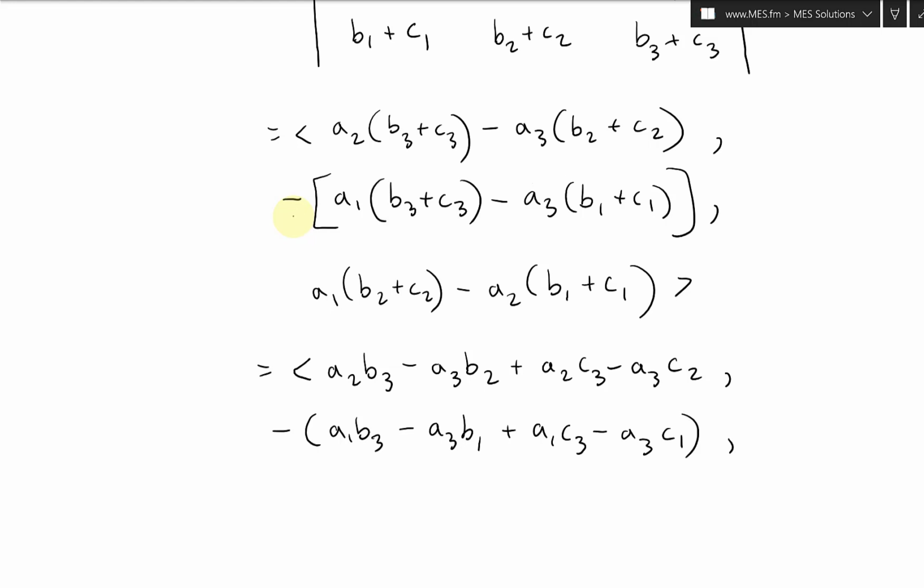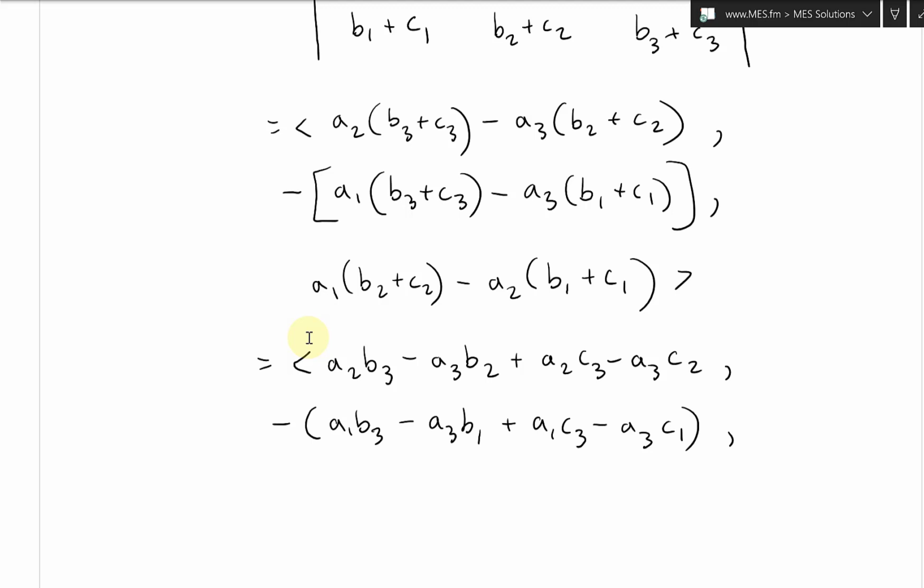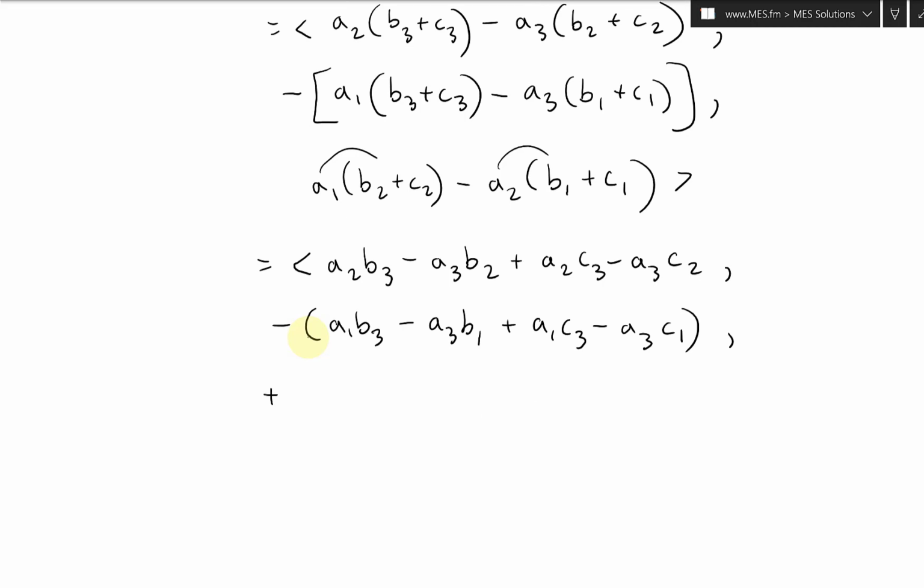Now the next one is this part right here: A1 B2 minus A2 B1, and then A1 C2 minus A2 C1. Close it.